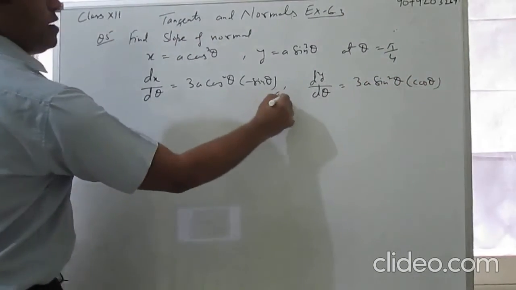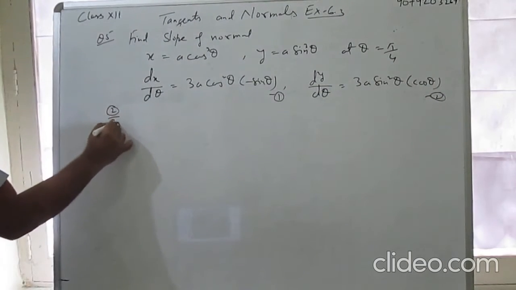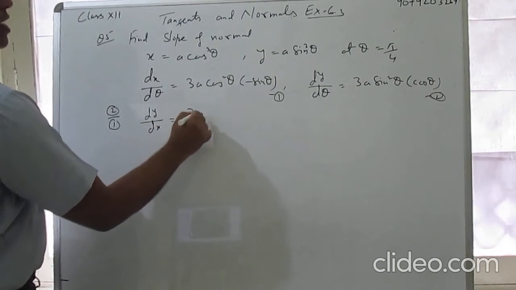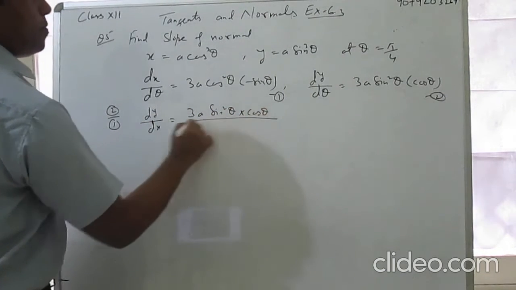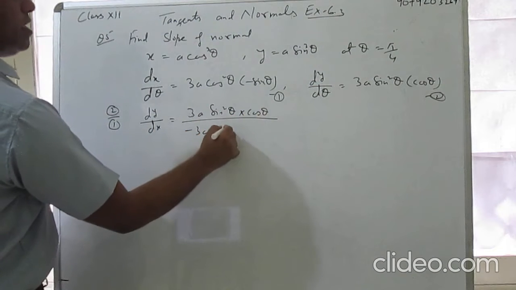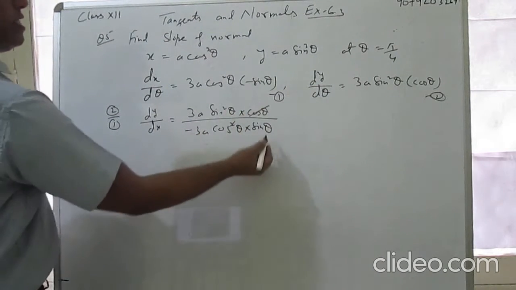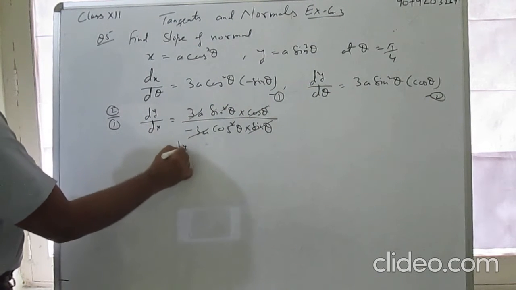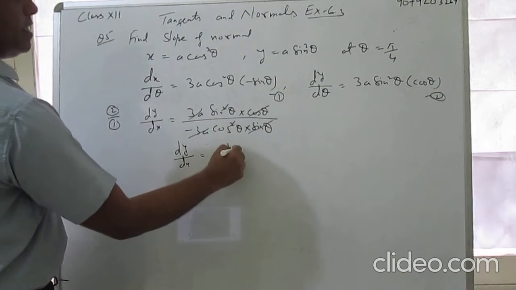Now this is 1, this is 2, 2 upon 1, that is dy by dx is equal to 3a sin square theta into cos theta upon minus 3a cos square theta into sin theta. One cos cancels, one sin cancels, 3a cancels. So dy by dx is equal to minus tan theta.